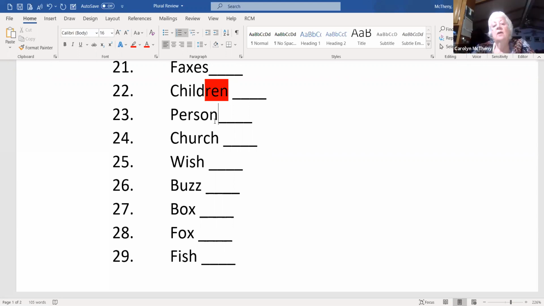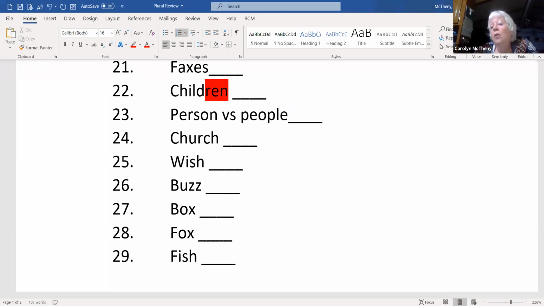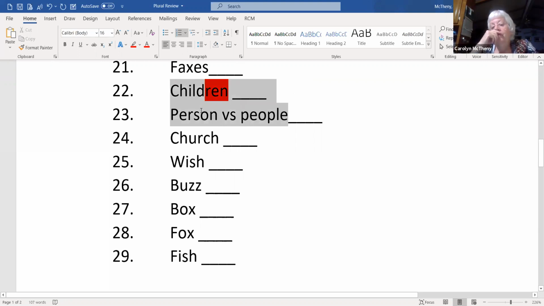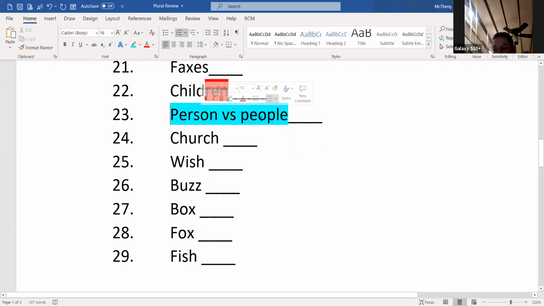Let's go to people. Person changes. One person goes to three people. See, it has no S in it at all, but it's a plural word. One person, three people.